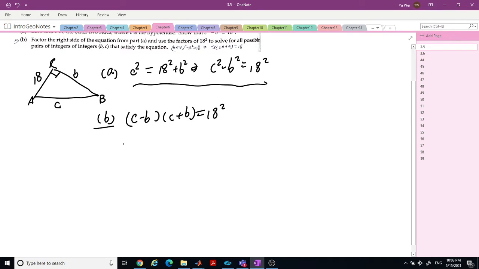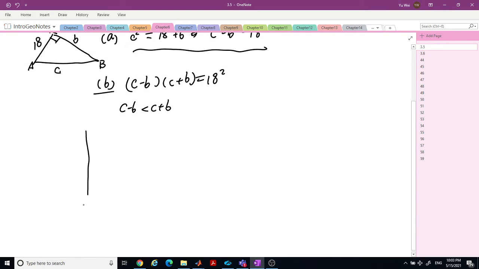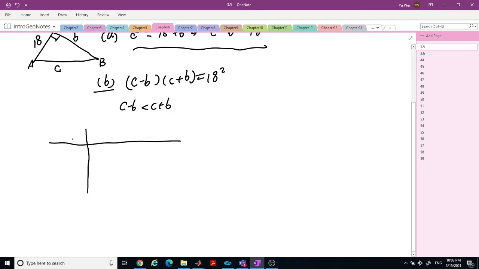Since we know C minus B is less than C plus B, we can do a table. Normally I like to do it this way. Now we can solve for C and for B.